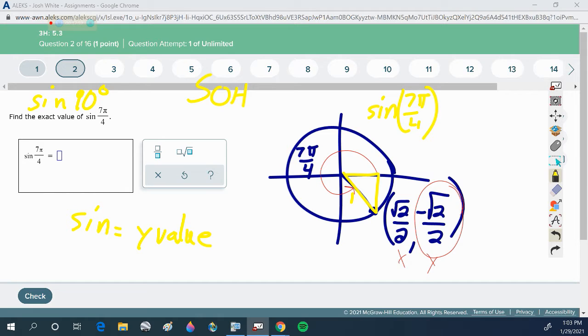What is the y value at 90 degrees? One. So in the unit circle, sine is always the y, cosine is always the x, and tangent is just going to be y divided by x.